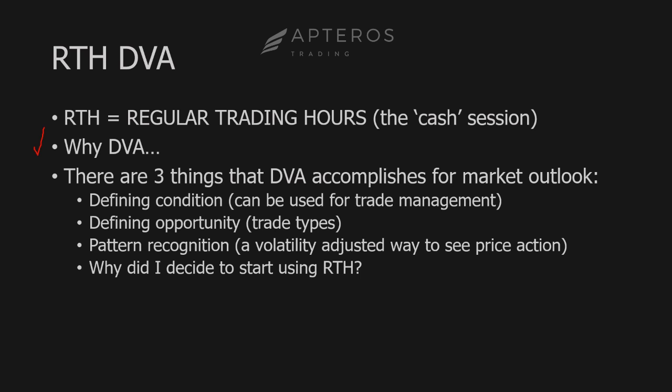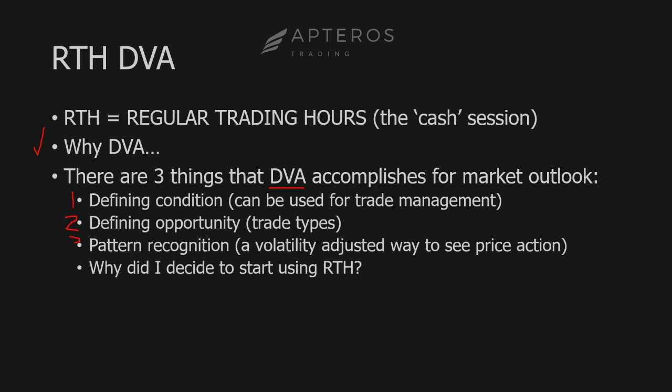So let's talk about the 3 things that DVA accomplishes for us and helps us filter with market-generated information. The first thing it does for us is it defines a condition. It gives us an idea of whether or not we're rotational or we are trending, right? So that's important. The next thing it does is it defines opportunity. In other words, it gives us levels that we could trade from in specific, repeatable types of trades.